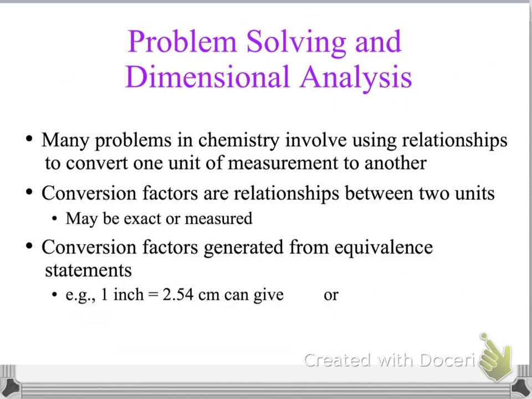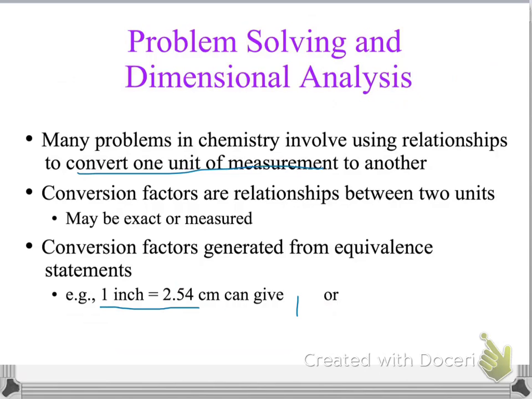We're also going to use these units for problem solving, and almost every single problem you're going to do in this class is going to involve some sort of need to convert one unit to another. And we're going to do that using conversion factors. So for instance, we know by definition that 1 inch is equal to exactly 2.54 centimeters. So from this equality, we can write two conversion factors.